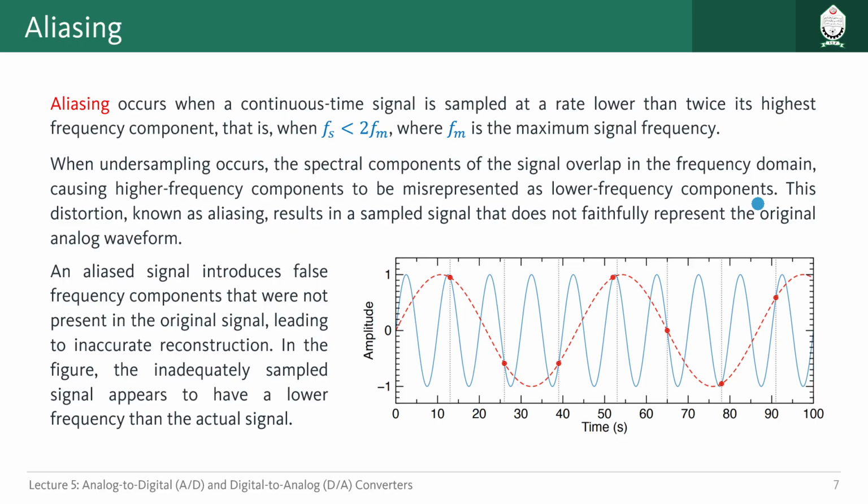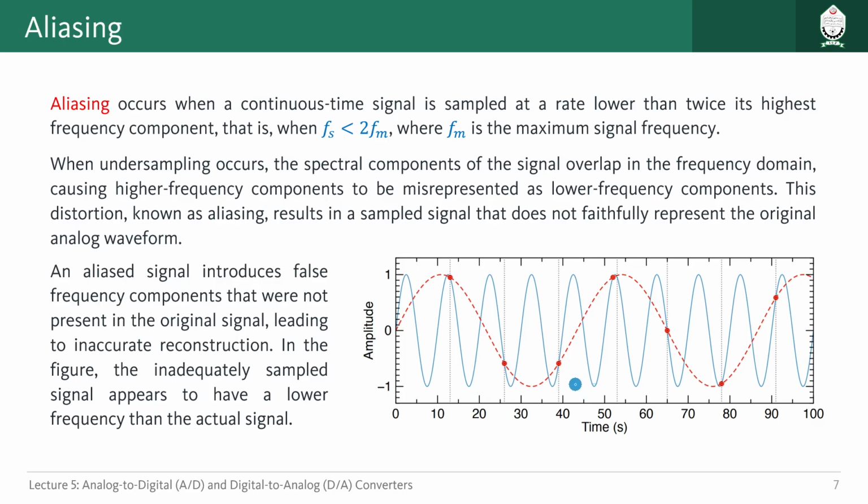We can understand that if we look into our signal in the frequency domain. We are not going to do that, but using this graph maybe we can still try to understand. You see the blue graph here, this is the original analog signal we want to sample, and the samples we have taken are the red dots you can see here, with some value of Ts, the sampling period.